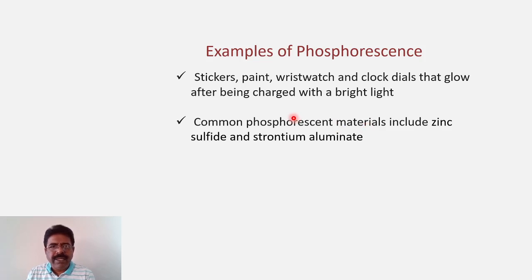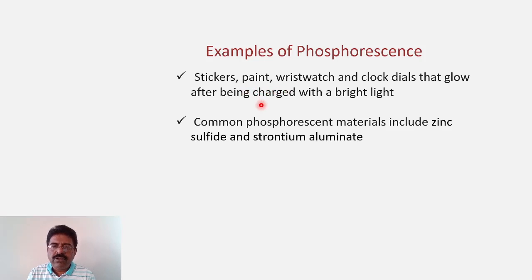There are several examples where we observe the application. For example, several stickers, especially on the backside of vehicles for safety purposes: when the light of another vehicle falls on the sticker, they will glow and the glow continues for several minutes. Some paints, on boards indicating directions and all that, can easily glow during night also.